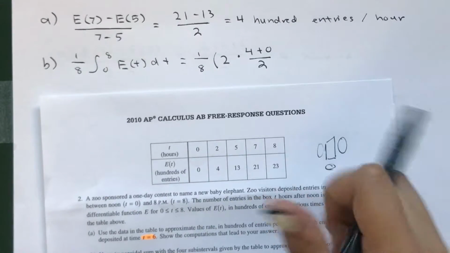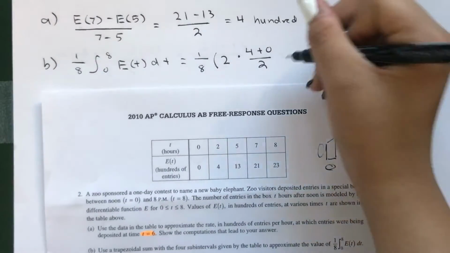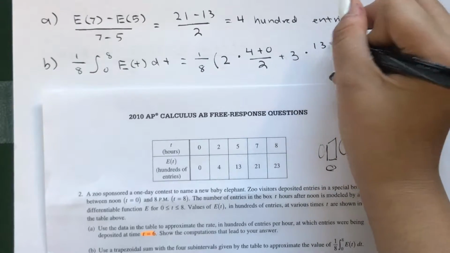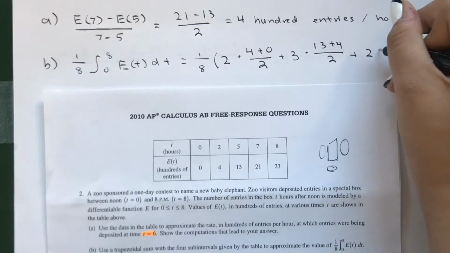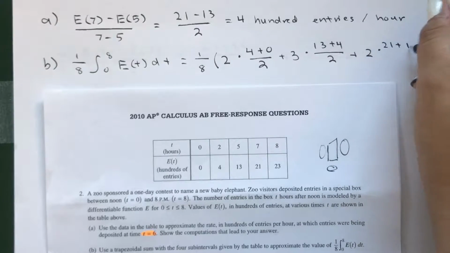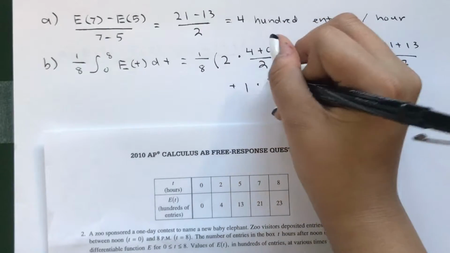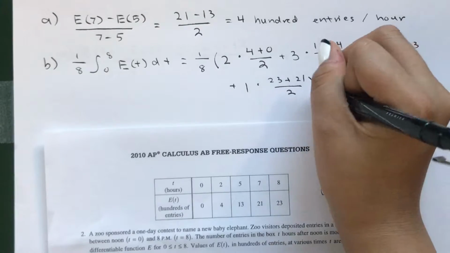And you have to just keep adding the rest of the trapezoids. So you get 3 times (13 plus 4) over 2 plus 2 times (21 plus 13) over 2 plus 1 times (23 plus 21) over 2.